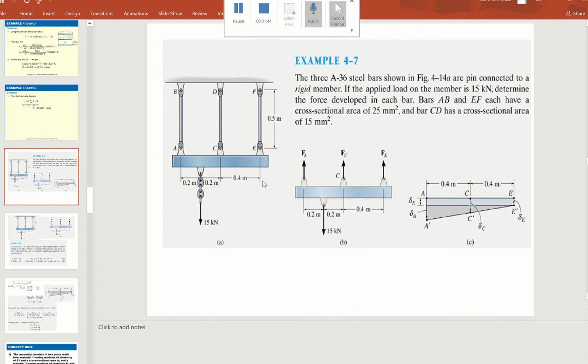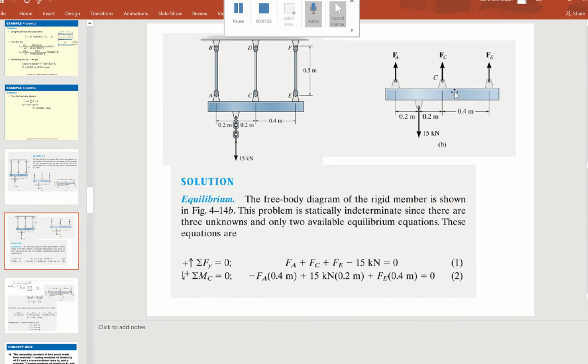First, if you isolate this A36 steel bar and look at the FBD, we have those four forces. Ignore this picture right now. Now we're about to write down our equations. For the sum of forces in y, we have all three forces adding up, minus 15, equal to 0. Then we have our moment equation.